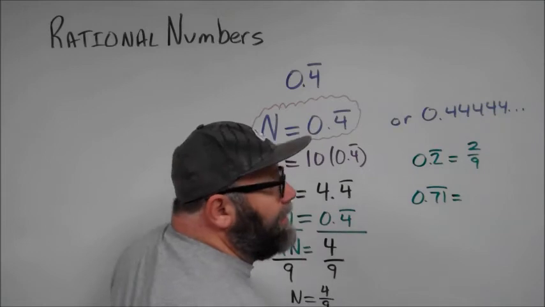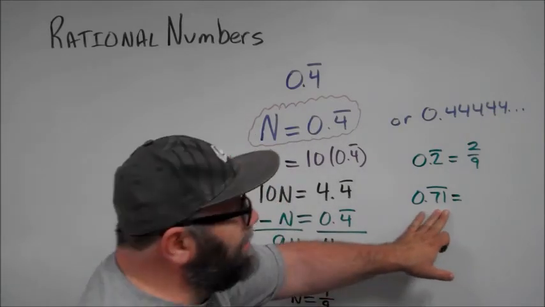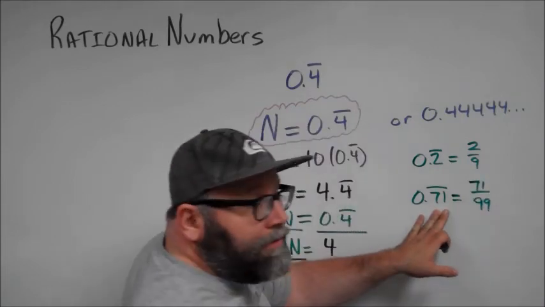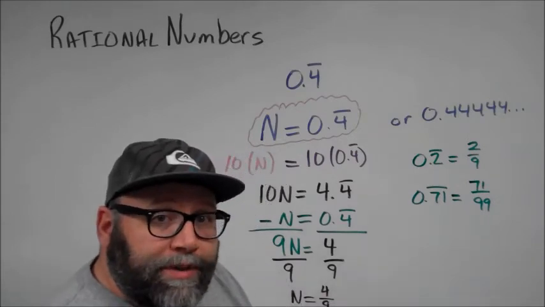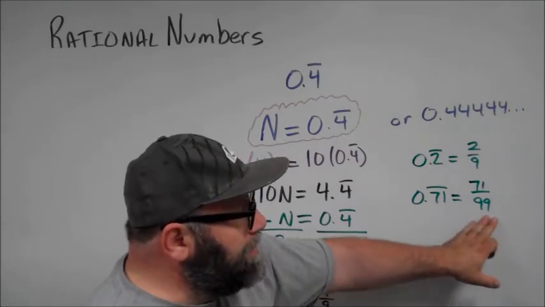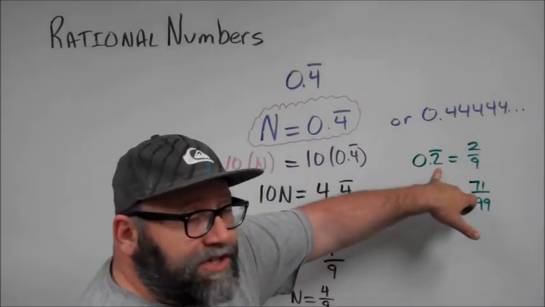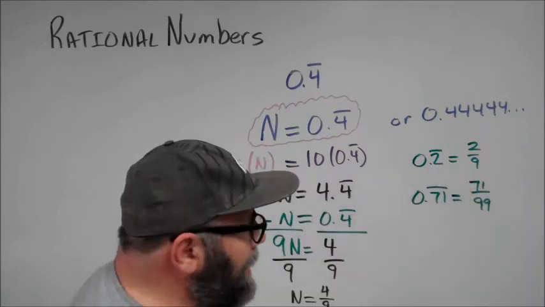The equivalent of that needs an equivalent number of 9's, so 71/99, right? The sequence of repetition is 2 digits, so I need 2 digits in my denominator. The repetition here is 1 digit, so I need 1 digit in my denominator.